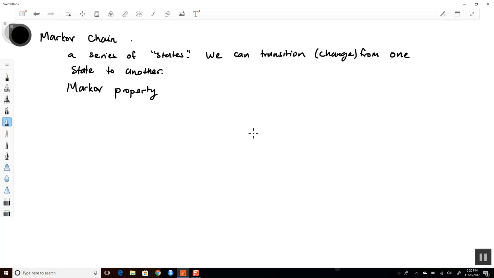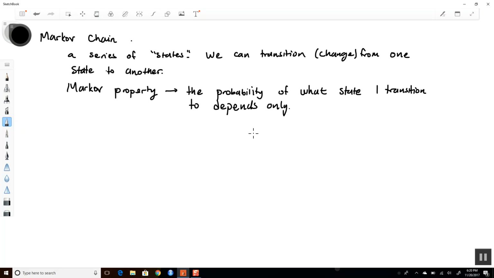is that the probability of changing to the next state, whatever that might be, depends only on the current state. Probability of what state I transition to depends only on the current state.